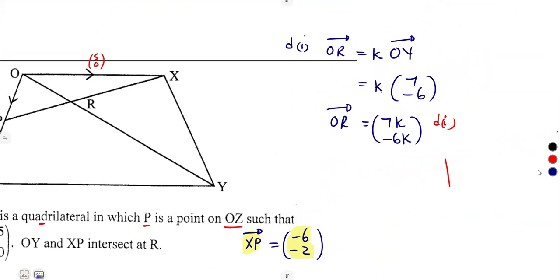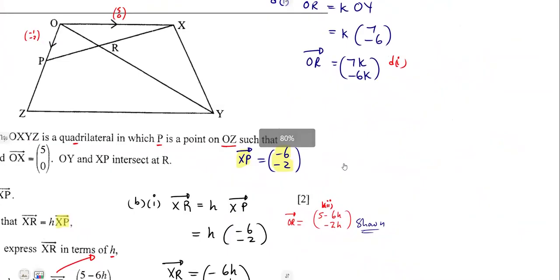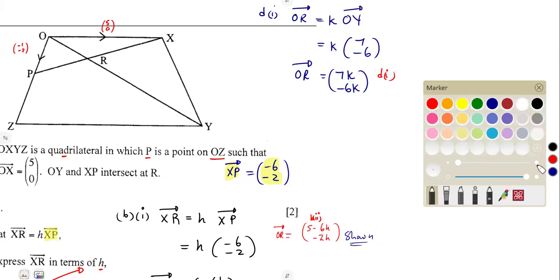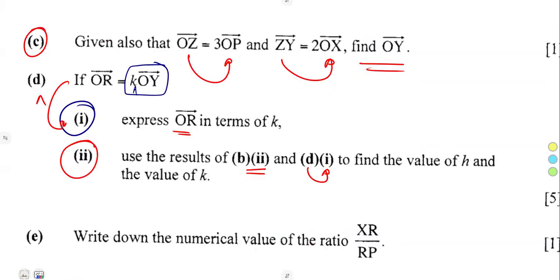So use these two results as we are given in our question, the B item 2 and what? The D item 1. These results, they show or represent vector OR. So using those two results to find the value of h and the value of k.